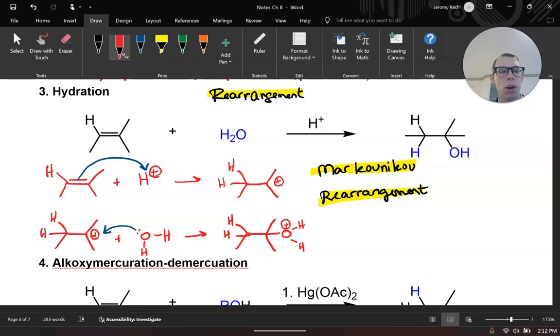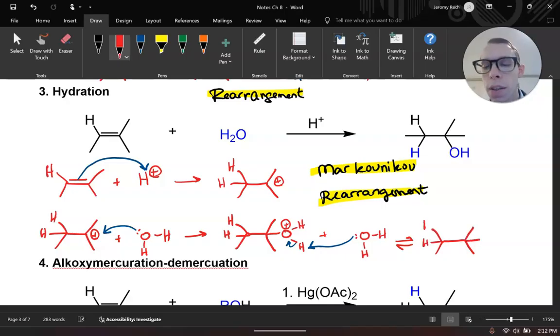That oxonium-like structure is then going to be deprotonated with water in order to make more acid. So this is just going to be an acid-base step, same as we kind of showed in SN1. And that's going to give us our product, which is going to be an OH, and we are also going to generate more acid.